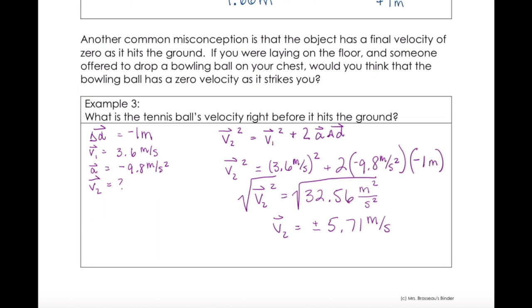Okay, so we would choose the downward one because, if we think about the problem, throwing up into the air was the positive velocity. Once it's going downwards towards the ground, that's going to be a negative velocity. So our final velocity is negative 5.71 meters per second, or you could have put 5.71 meters per second down.